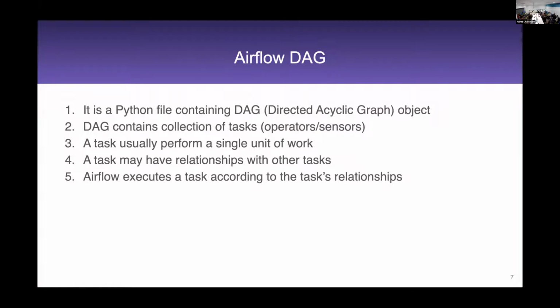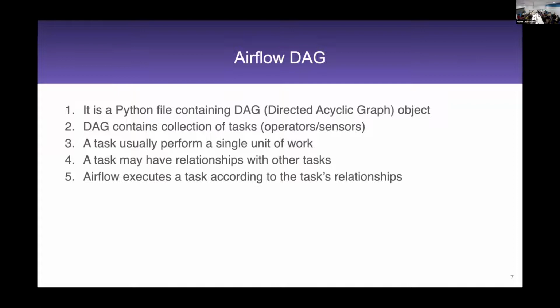In Airflow, a DAG is just a Python file, which contains a DAG object. DAG is basically a directed acyclic graph. If you know a little bit about graph theory, directed acyclic graph means no loops are allowed. There can't be a self loop or a circle. So this is basically a directed graph, which makes sense here.